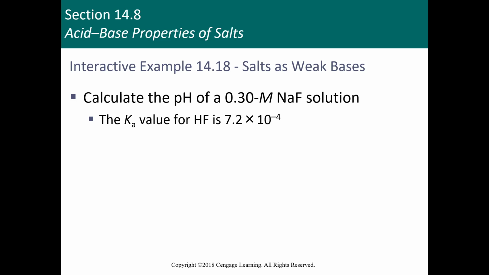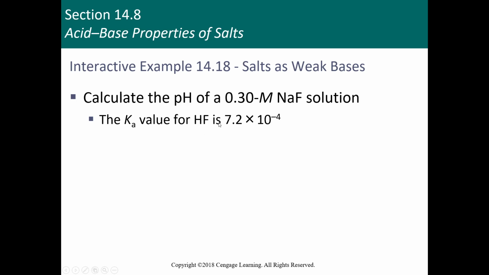Okay, so let's calculate the pH of a 0.3 molarity NaF solution. Notice NaF, fluoride, this is a conjugate base of a weak acid. And so HF would have been the weak acid for fluoride.